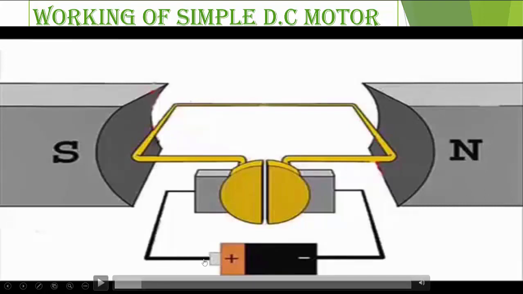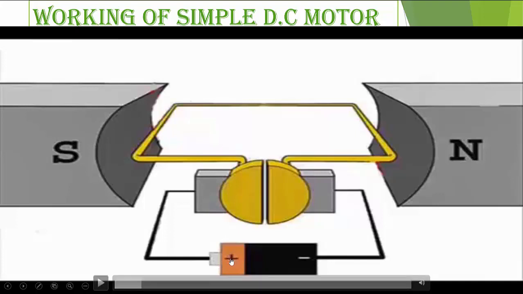Whenever the key is closed, the DC current flows through the armature coil. So how does the current flow? The current always flows from the positive terminal to the negative terminal.